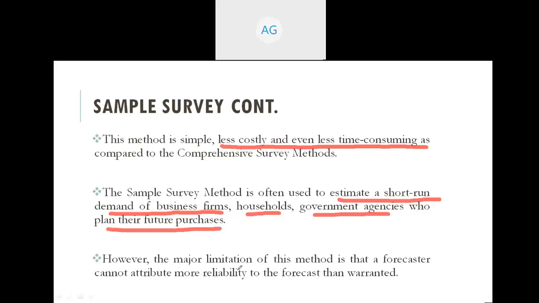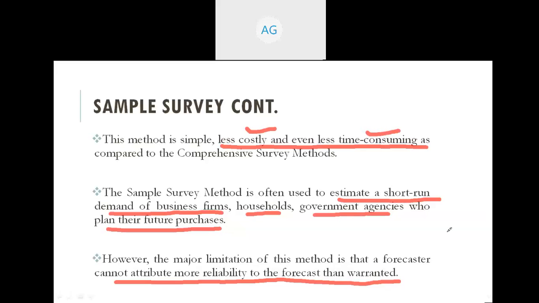However, the major limitation of this method is that a forecaster cannot attribute more reliability to the forecast than warranted. So basically the sample survey method is less costly and less time consuming. So this method is much more used than the comprehensive survey method.